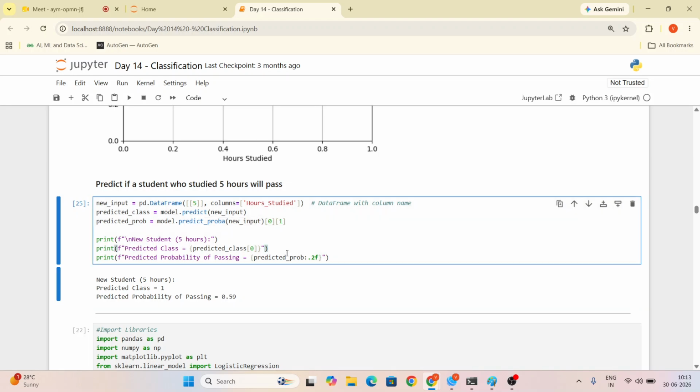So this is the range here, and we are using the zeroth index and first index. It's in an array, so that's the reason we are using the zeroth one, and we need the first index. Have you got my point?